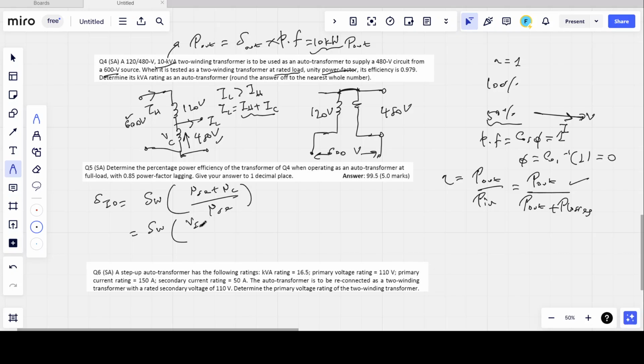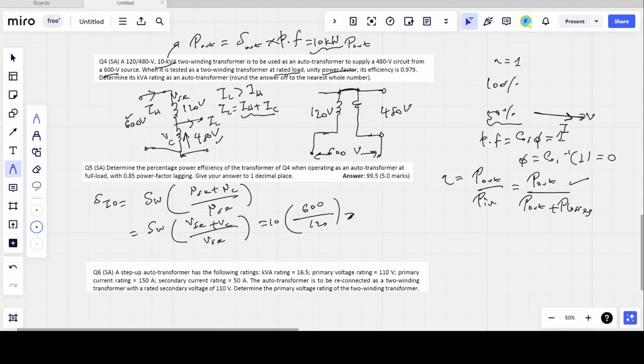So then I can write this as VSE plus VC divided by VSE, and SW is given to me as 10. This is VC, this is VSE, so it's 120 plus 480, that's 600, and then VSE is 120.